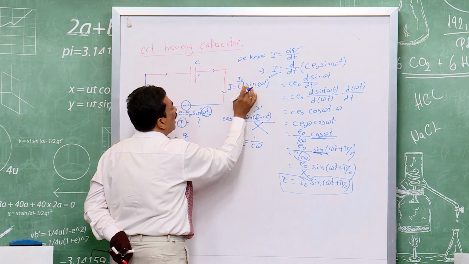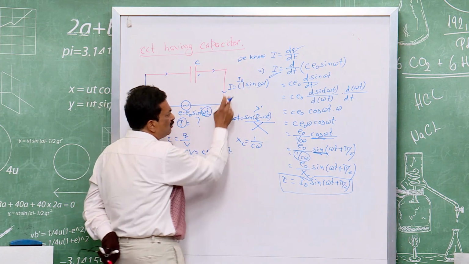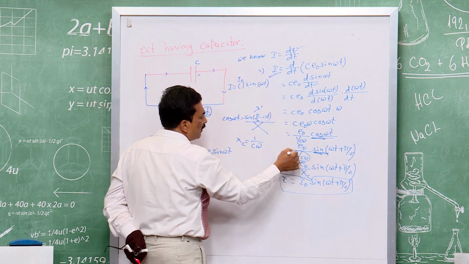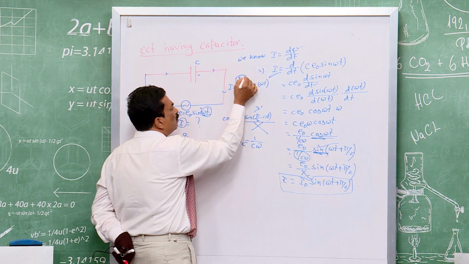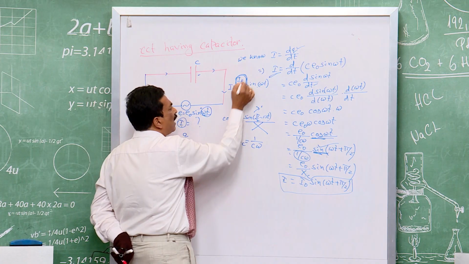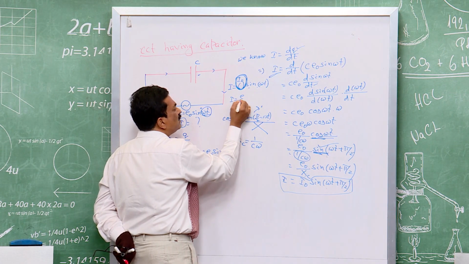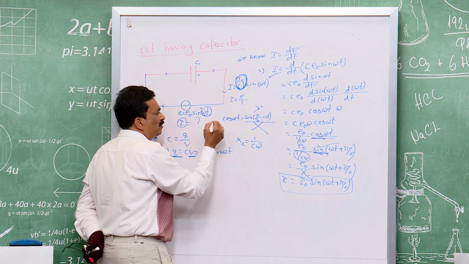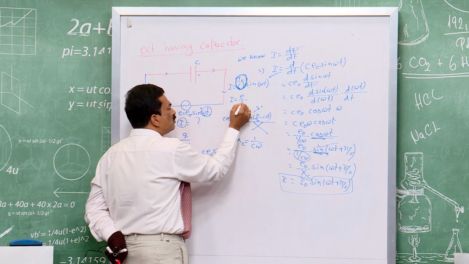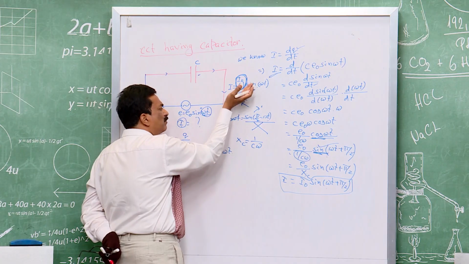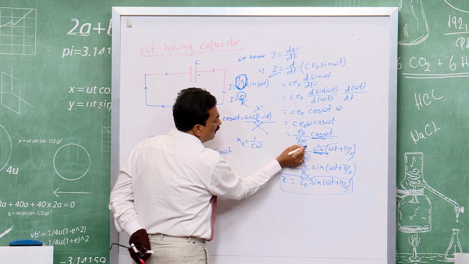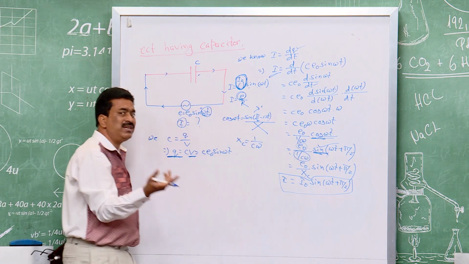The sine has already come here, then the remaining part will be I0. So I is equal to E by something. We know I is equal to E by R. So this is the E, and the numerator part is satisfying E0.